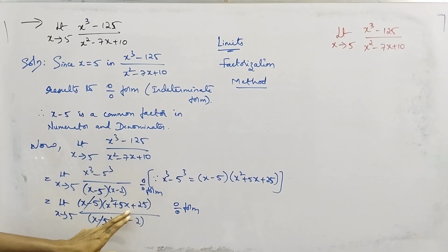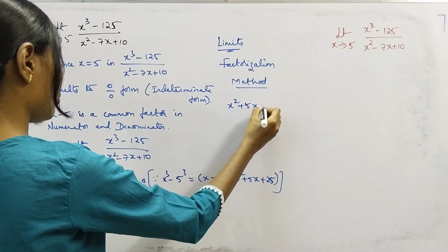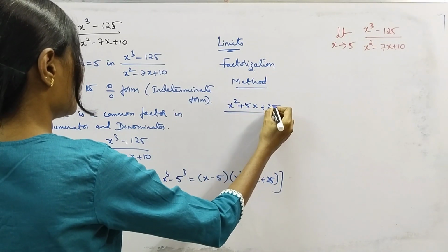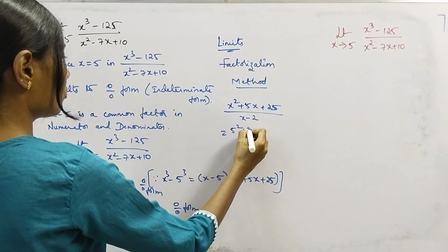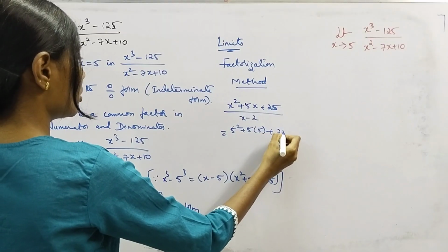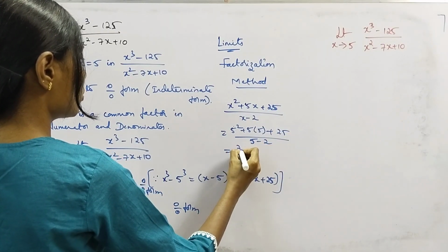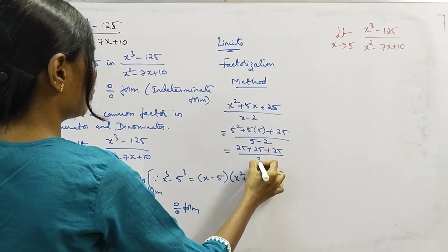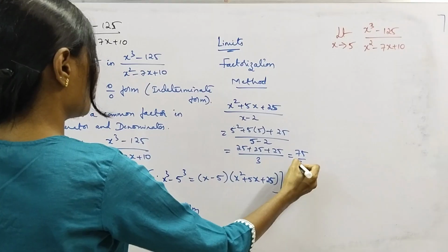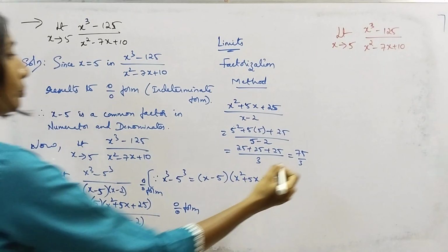If we want, we can check this by substituting the value of x. Put x equal to 5. We'll get 5 square plus 5 into 5 plus 25 by 5 minus 2, which gives us 25 plus 25 plus 25 by 3, which is 75 by 3, right? This shows that the 0 by 0 form vanished.